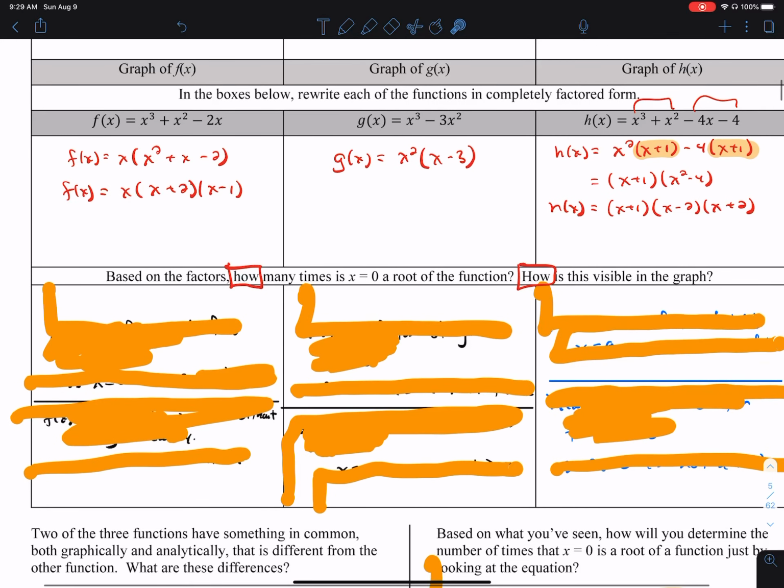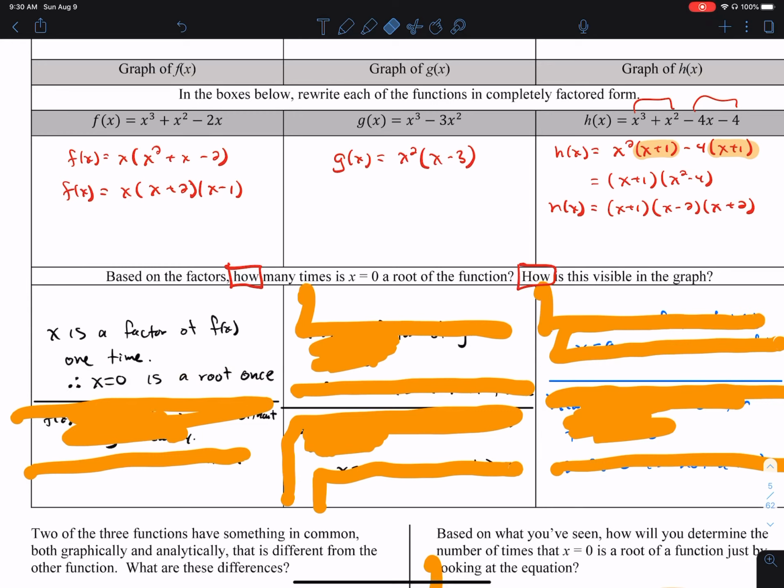So looking at f of x, x is a factor of f of x one time. Therefore, x equals 0 is a root once. How is this visible in the graph?